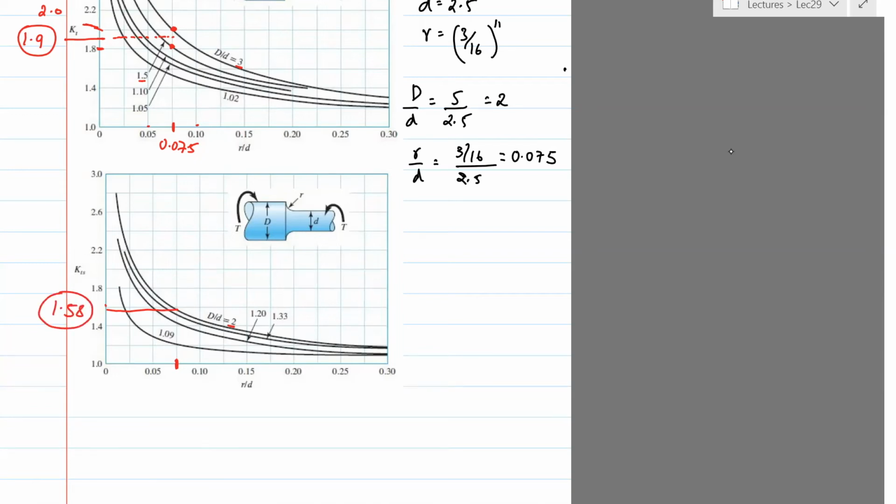So those are the values for Kt on top and Kts for the one below. So Kt is 1.9, Kts, sorry, 1.5. Okay, now let's just get q and qs.